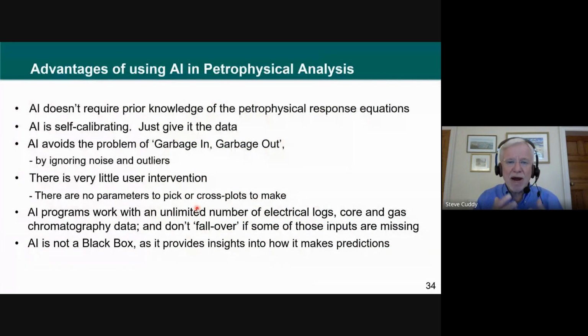So let me remind you the advantages of using AI in petrophysical analysis. Here we're still on the second generation machine learning. The AI doesn't require prior knowledge of the petrophysical equations. It doesn't require you to make cross plots. It is self-calibrating.